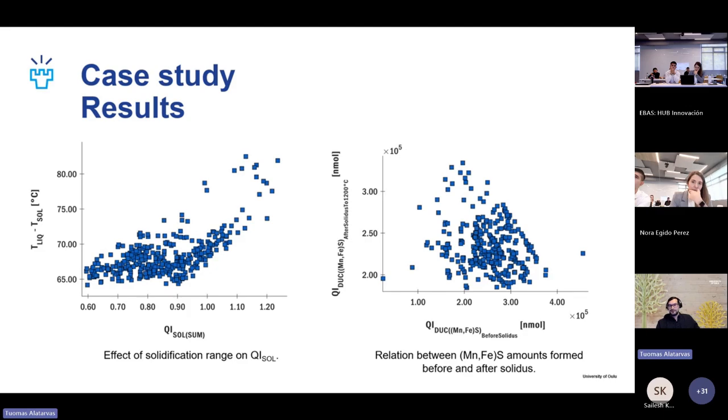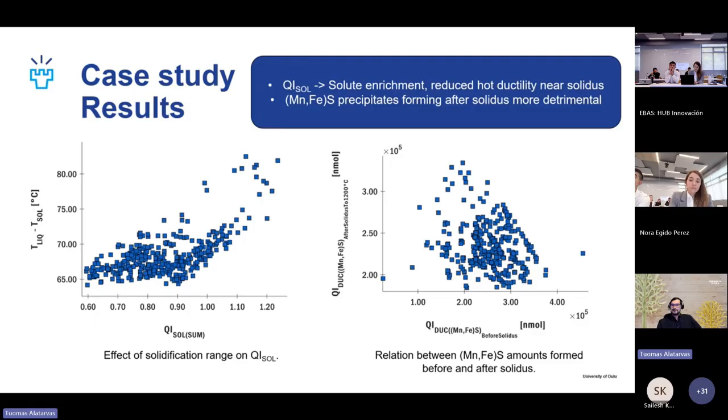Moving forward, we can also observe the effect of solidification range, so the length of the mushy zone, on the quality index of solutes in the interdendritic region, and also the relation between the manganese sulfides formed before and after solidus. In this case, if we have a higher QI sol, that means we have a higher solute enrichment in the interdendritic region, and also reduced hot ductility near solidus.